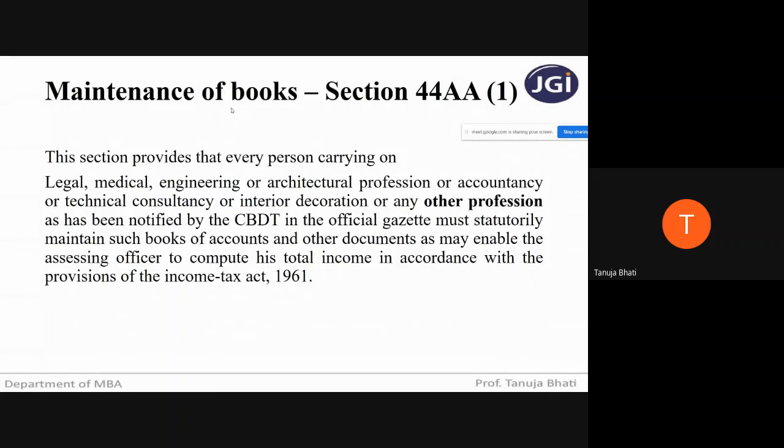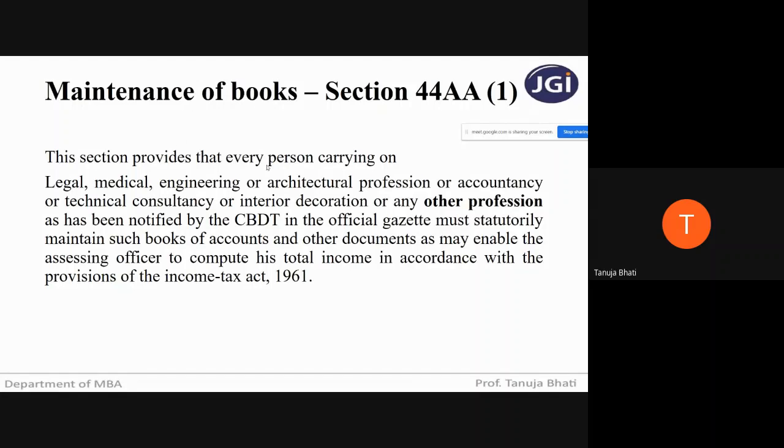All this is covered under maintenance of books. Now by books I mean books of accounts, like your cash book, your journal, all your ledgers. Okay, so let us start.